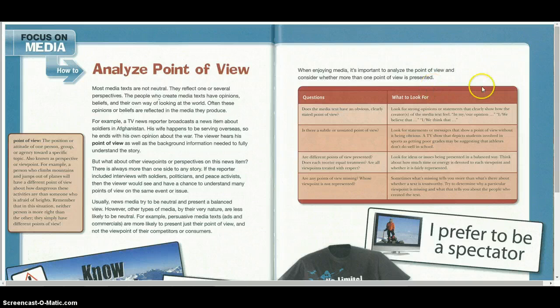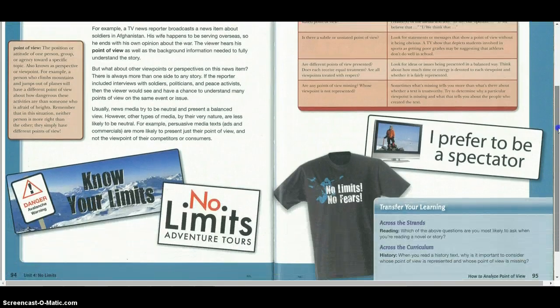So, go back over here. Let's look at these ads here. Okay, know your limits. Look at the mountains in the background, a danger sign, avalanche warning. This advertisement, or this sign, has been created from the point of view of somebody who thinks that these activities are dangerous, or from somebody who is experienced in the mountains and wants you to know that since you're not as experienced, you need to know that this is dangerous.